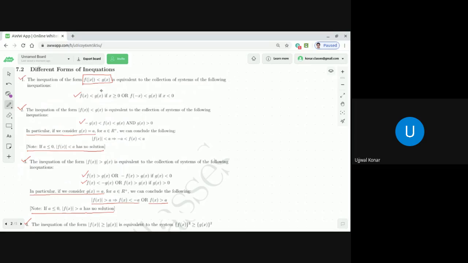It says minus gx less than fx less than gx, and gx should be greater than 0. So what is our fx here? In our case, fx is 5x plus 6, and gx is x square.